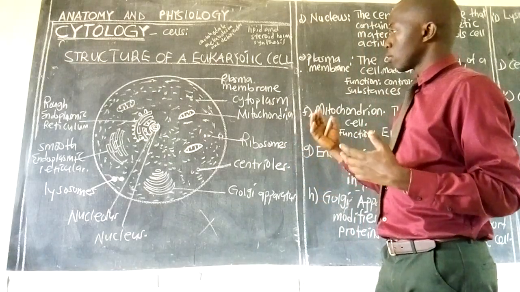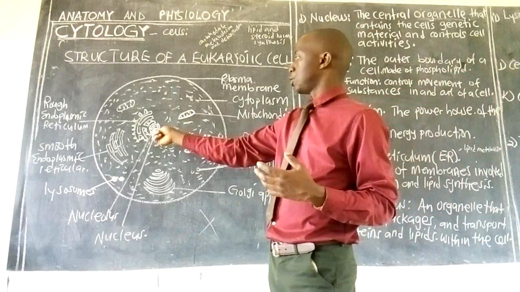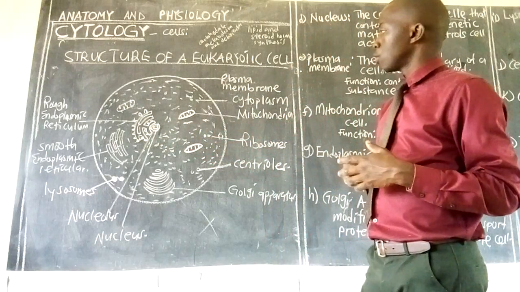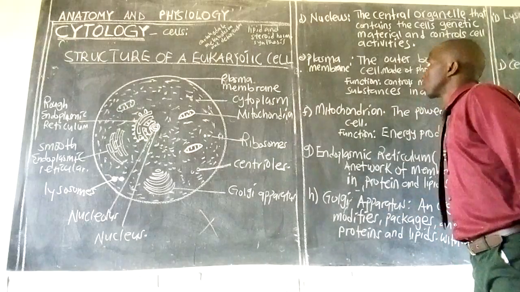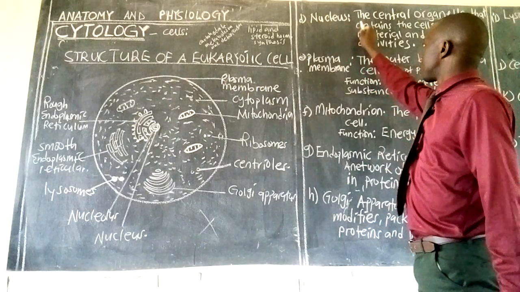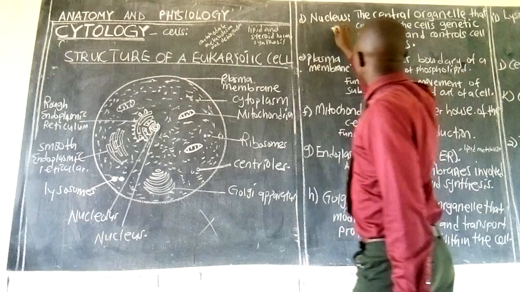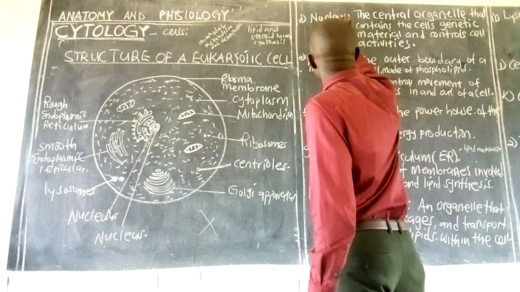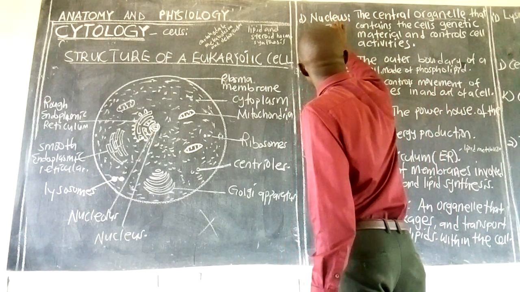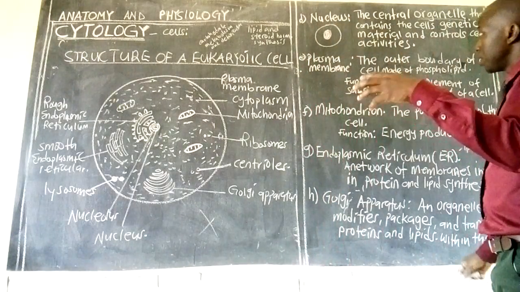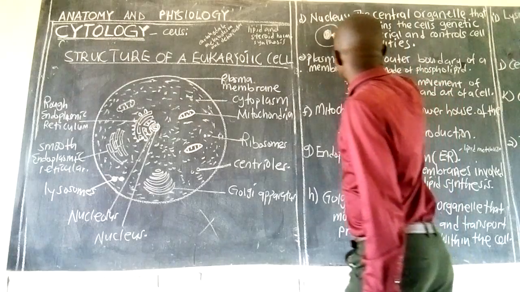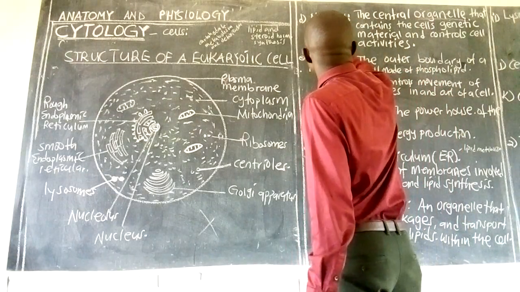It controls all cell activities, and it also contains the genetic material of the cell. When you dissect this nucleus further, it has what we call the nucleolus, inside the nucleus, where we also have what we call the chromatins.